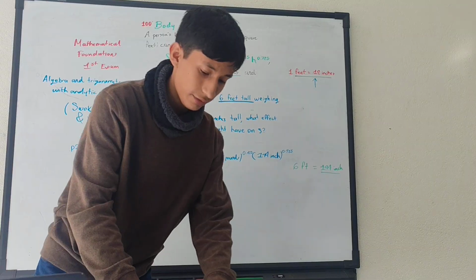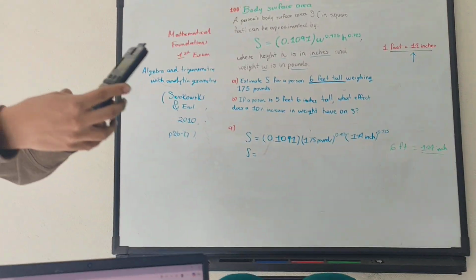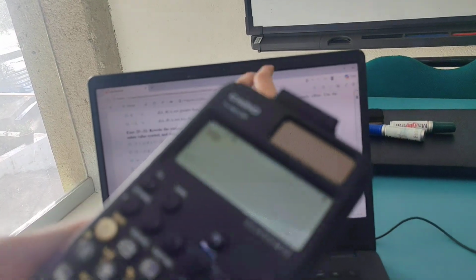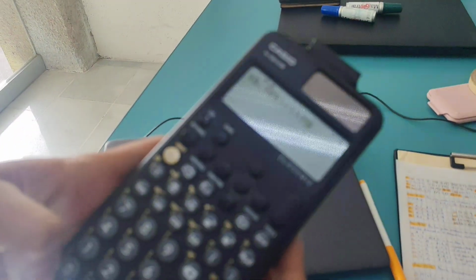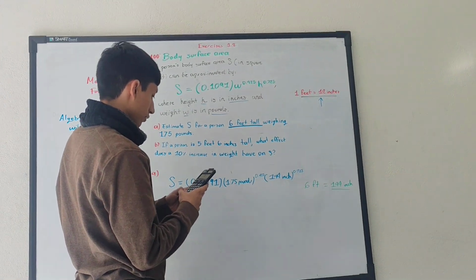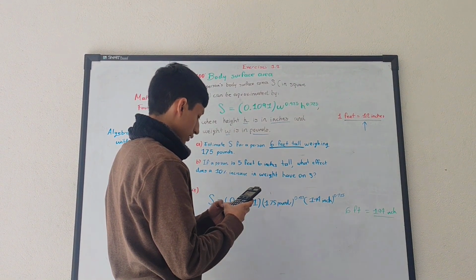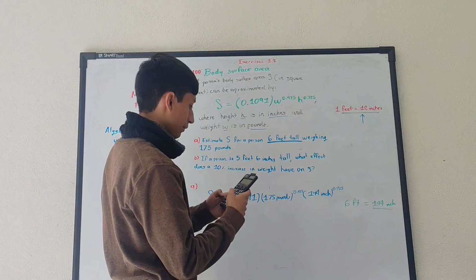So I'm going to use my calculator to make this operation. 0.1091 times 175 pounds raised to the, oh, it doesn't work, 0.425 power multiplied by 144 inches raised to the 0.725 power.